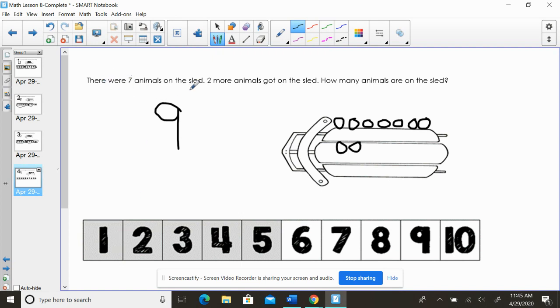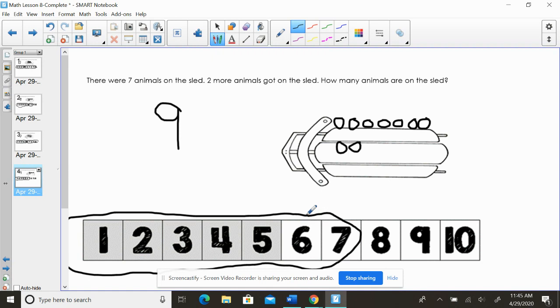So there were 7 animals on the sled. So I'm going to circle 7 squares. 1, 2, 3, 4, 5, 6, 7. All right, 2 more animals got on the sled.